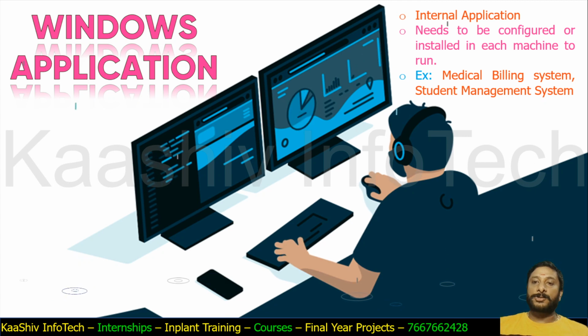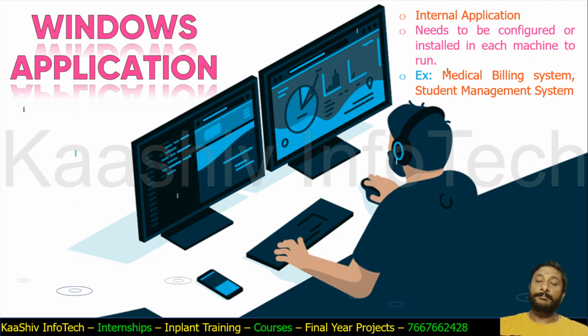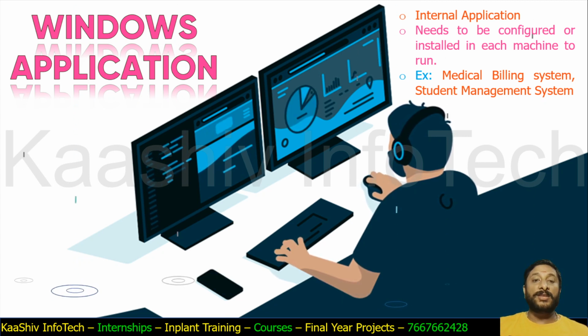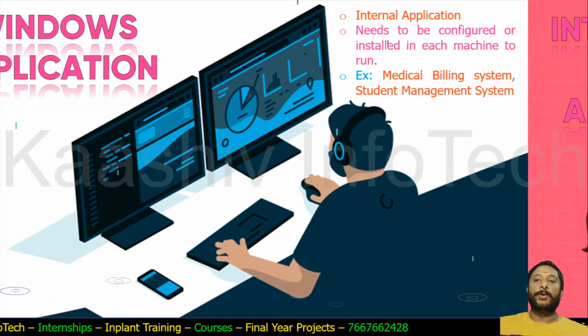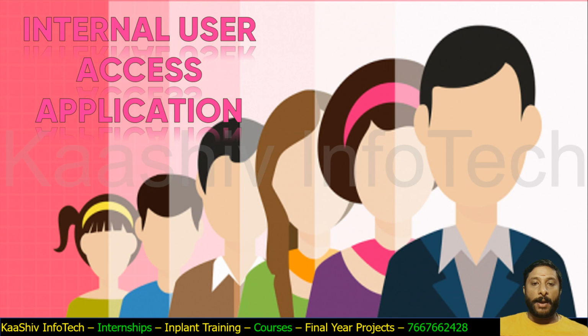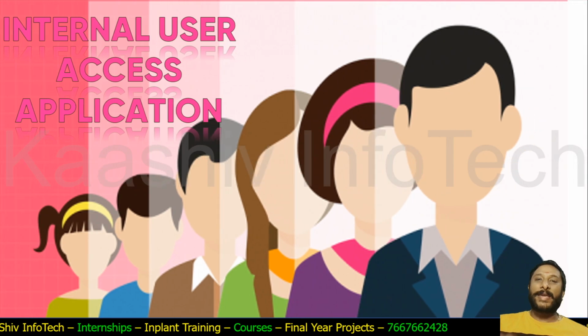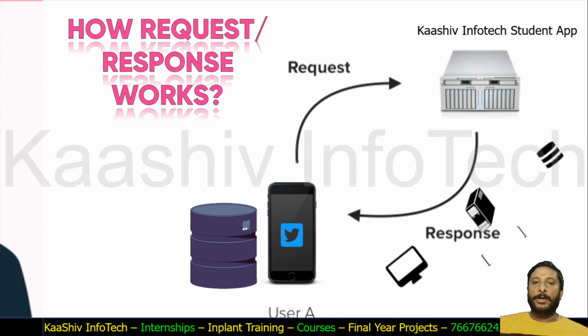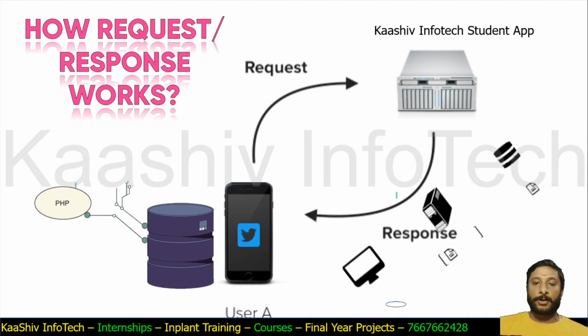The typical examples are a medical billing system and a student management system. These Windows applications are accessed by the internal users of an organization, like employees or dedicated people who can access that application. So how does this particular application work?